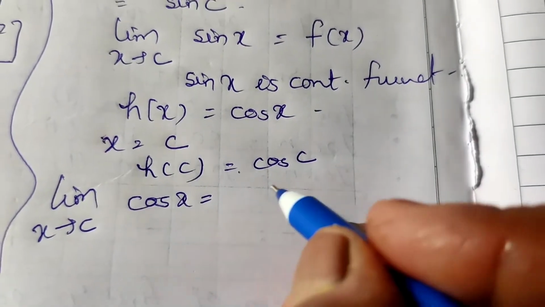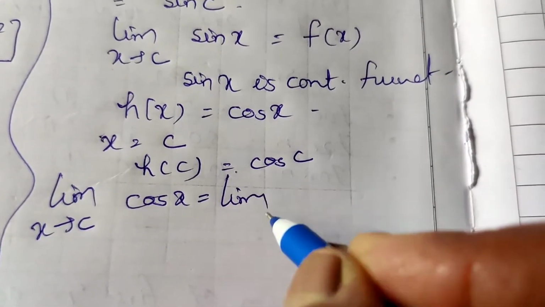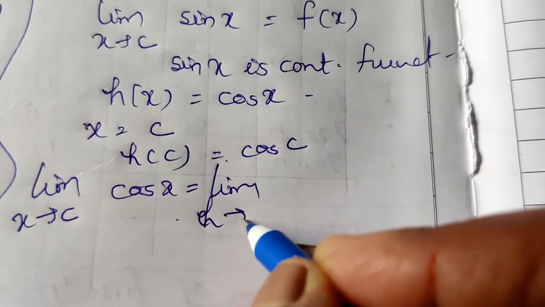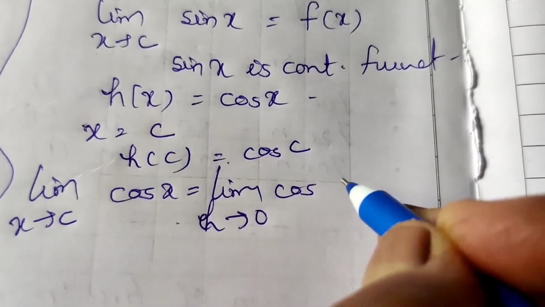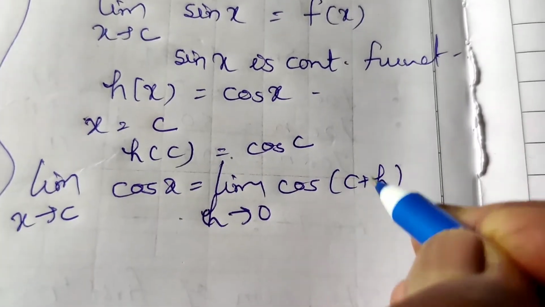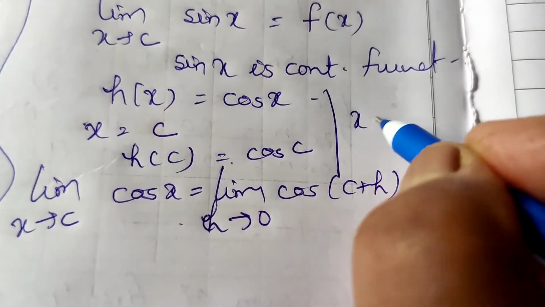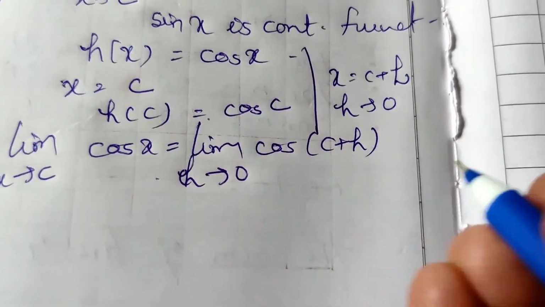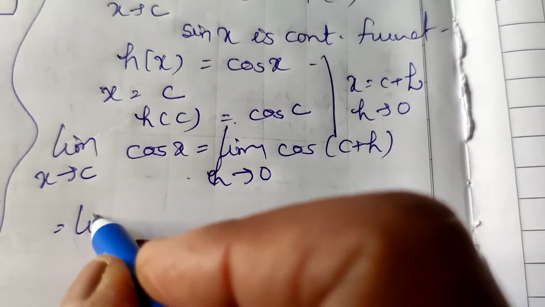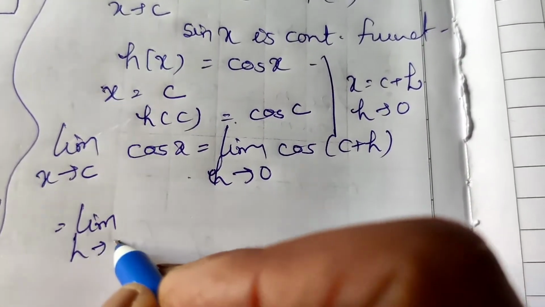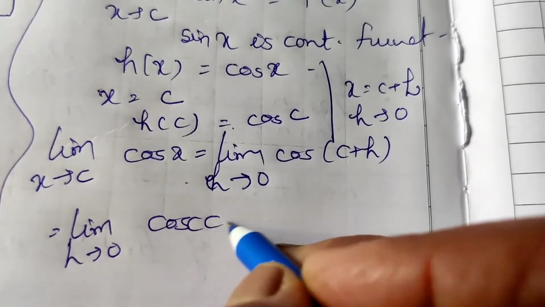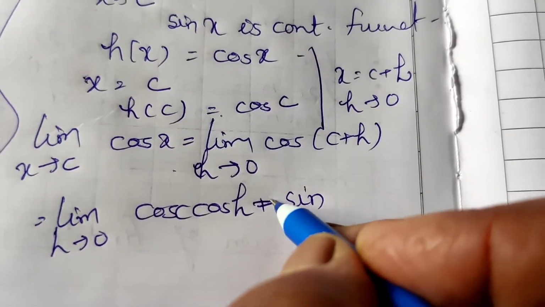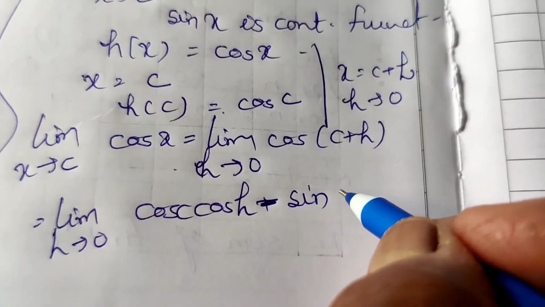Now put x equal to c plus h, where h tends to 0, cos(c plus h). The formula of cos(a plus b) is cos a cos b minus sin a sin b.